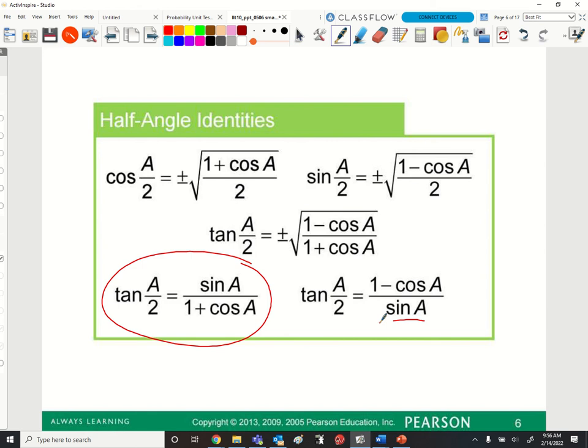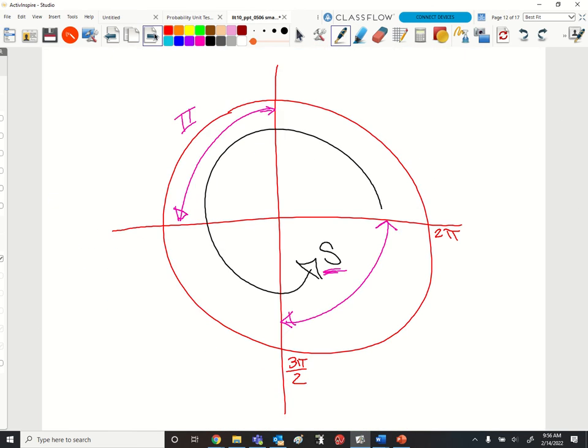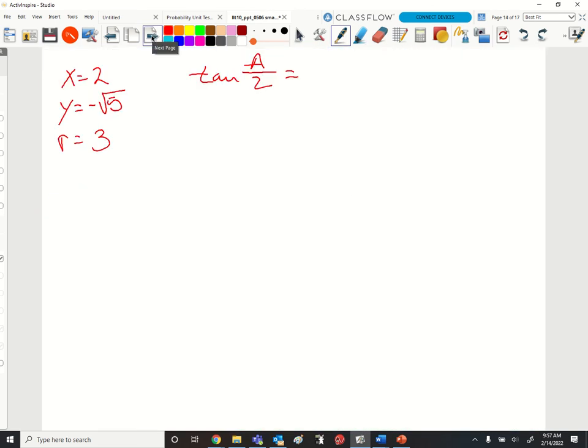Sine over 1 plus cosine. There we go. So we're using this formula here, and so let's go ahead and start plugging in.